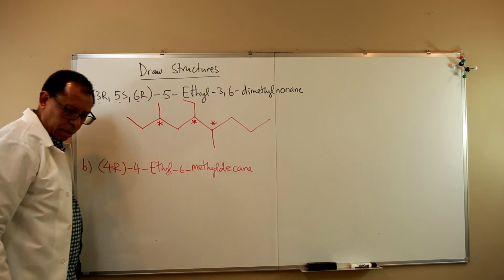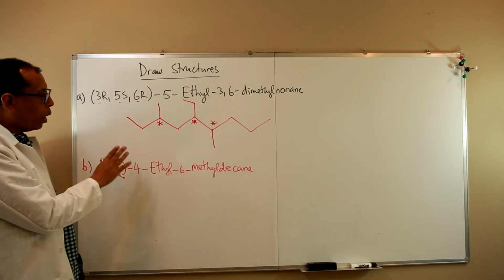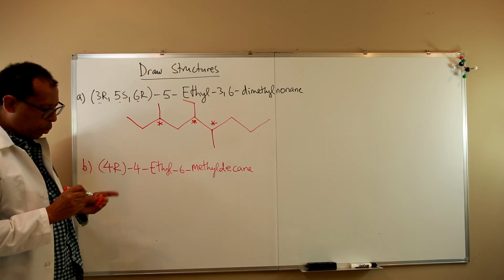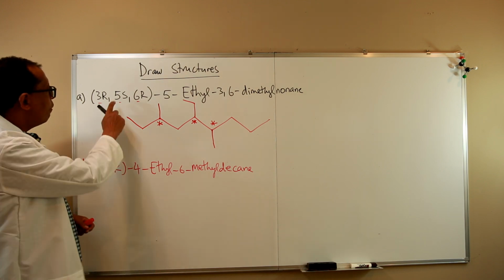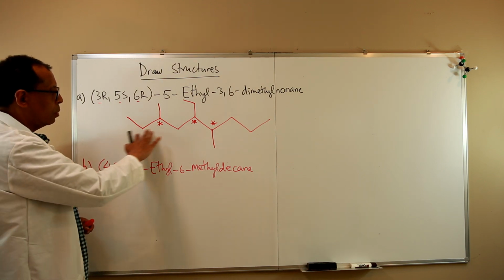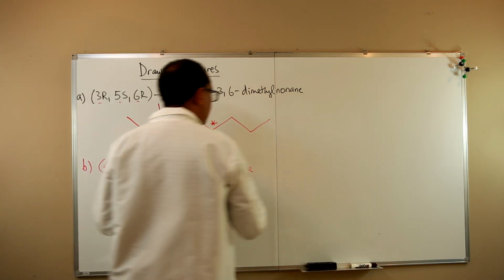But we are required to draw with stereospecificity at 3R, 5S, 6R. So how do I write that?